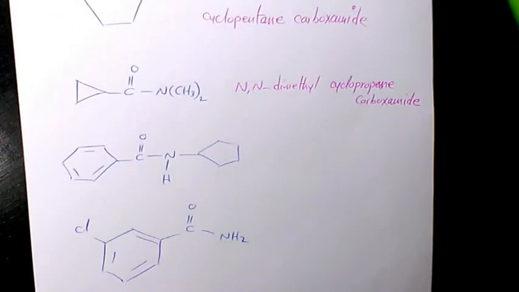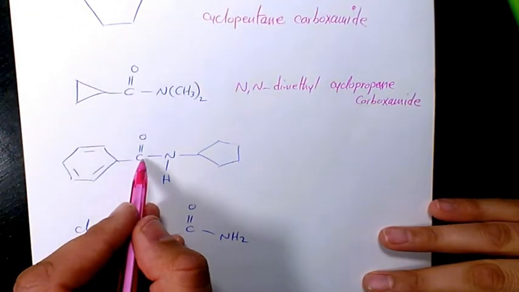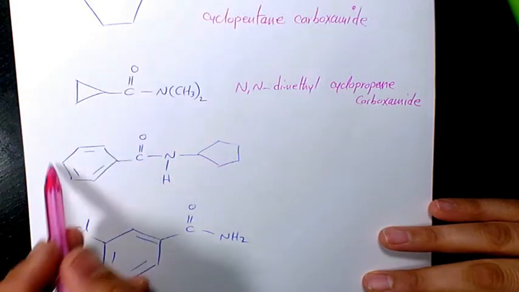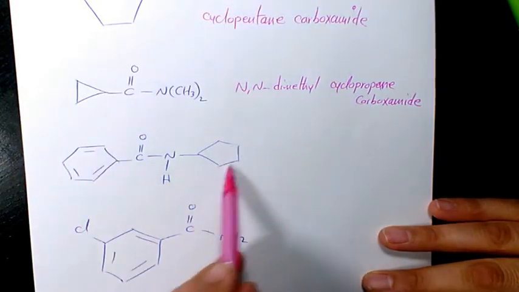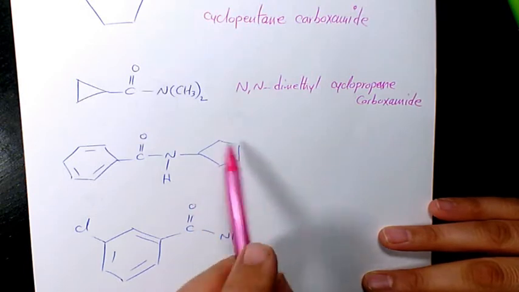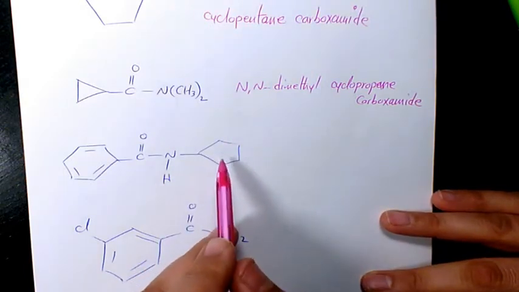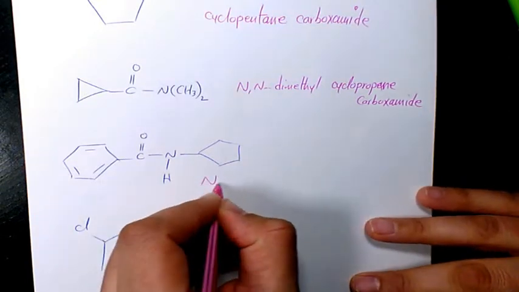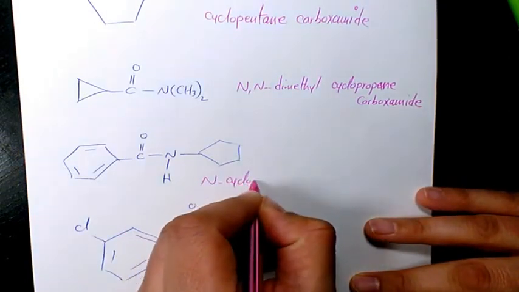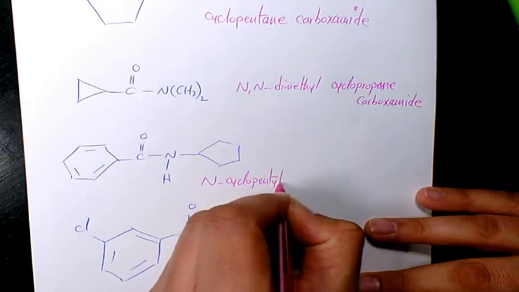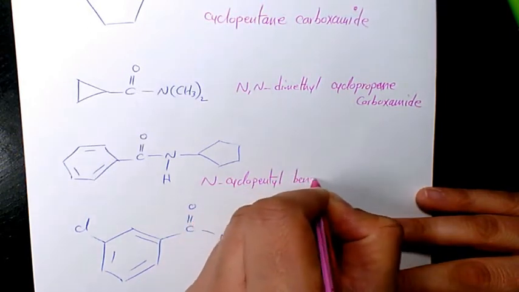Next one. And this side is connects to benzene ring, and here we have cyclopentyl. One of the hydrogen is substituted with cyclopentyl, so it's going to be N cyclopentyl benzamide.